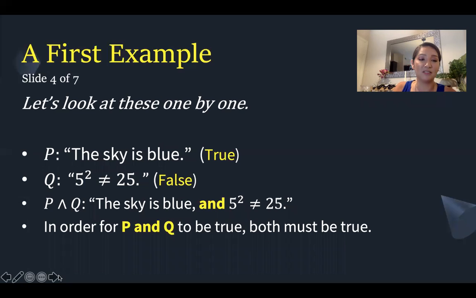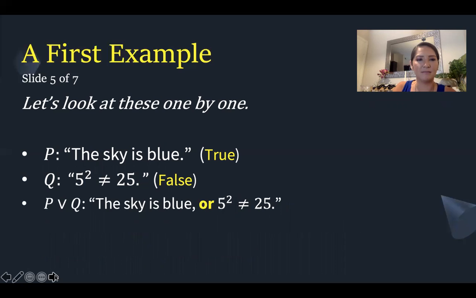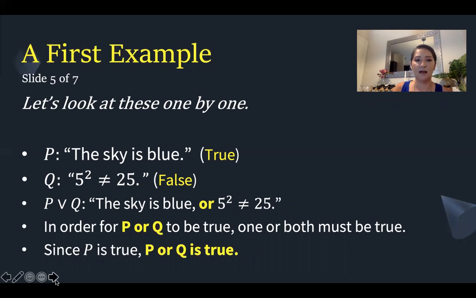Since one of them is false, the P and Q statement is false. Now we have the or statement. P or Q would be interpreted in English as the sky is blue or 5 squared is not equal to 25. Now only one of those has to be true for the or statement to be true. Since the sky is blue, P or Q is true.